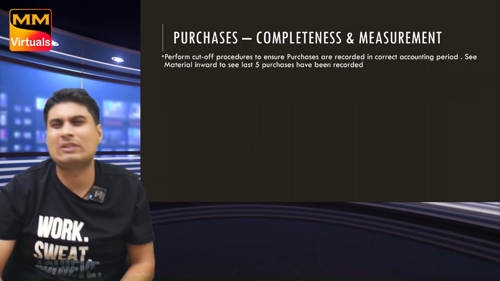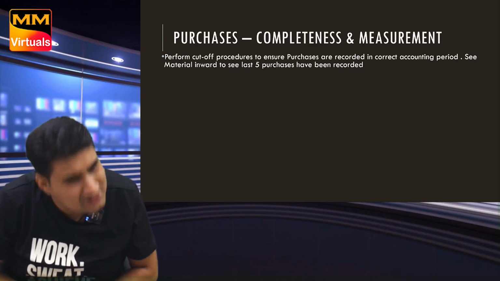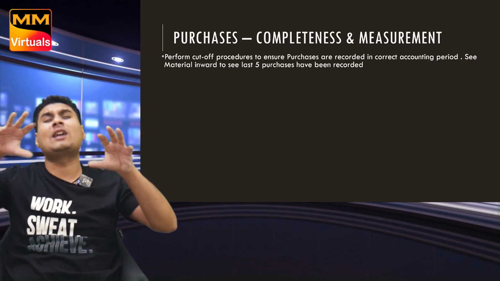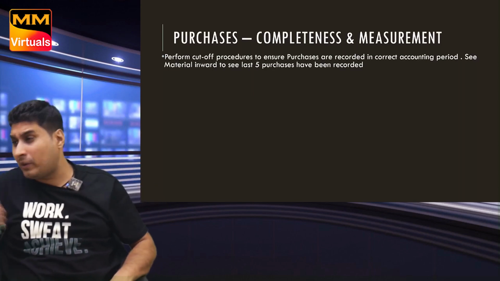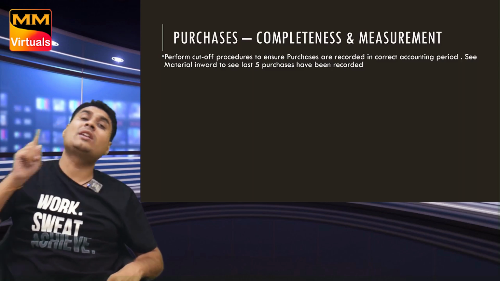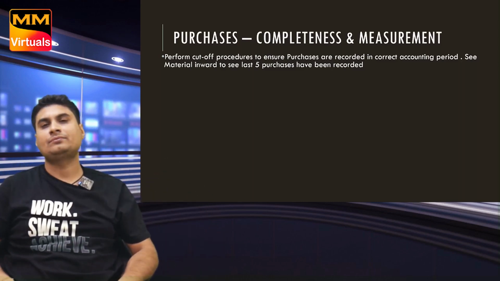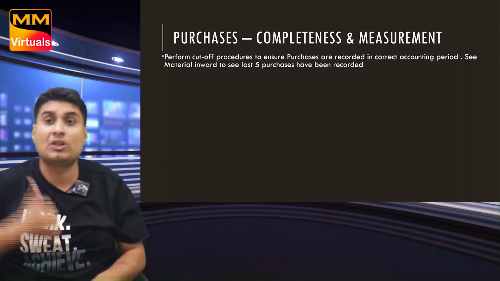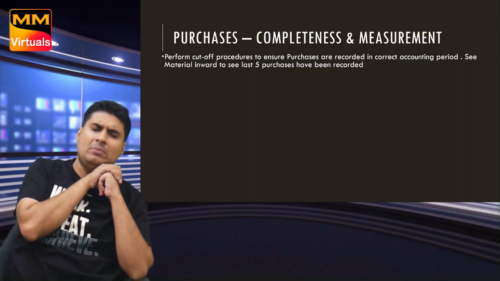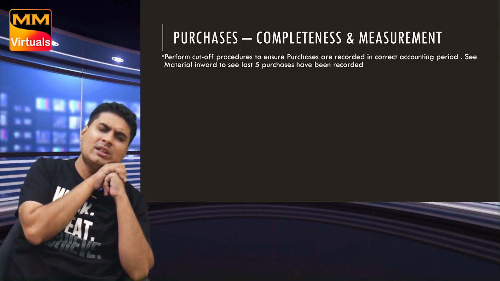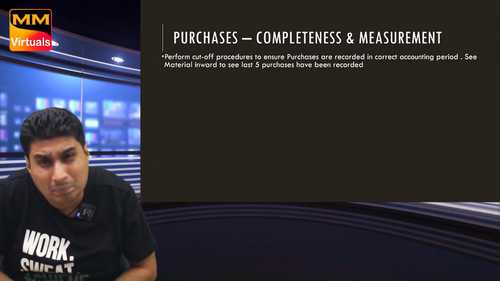Or cut-off, second, the cut-off we will do. We will check that a few purchases done in March are properly recorded. Also check that purchases of April are not recorded in March, but usually the reverse happens in purchase. I purchase in March but show it in April. Now you will tell me, why are you showing it in April? What is the reason? Very simple logic.